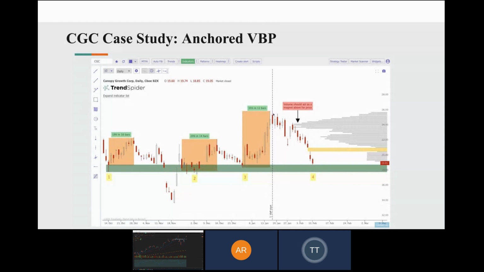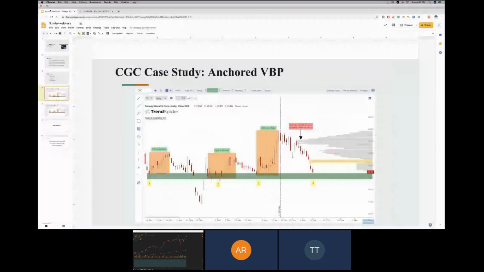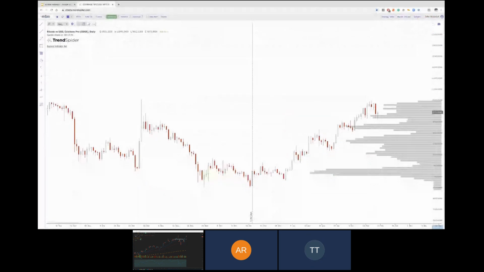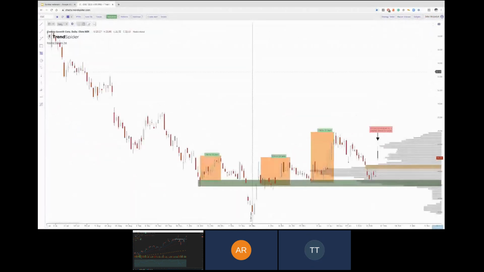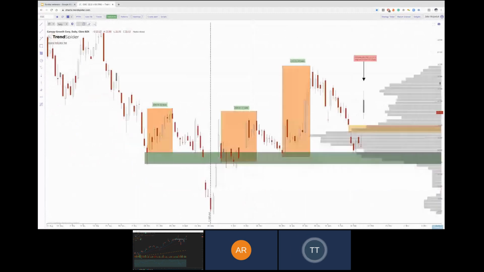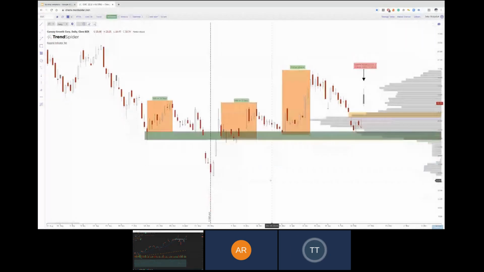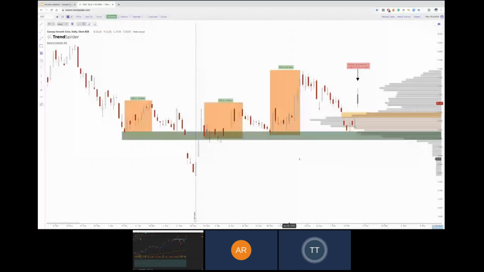The reason I was very interested in this was because I also anchored the volume by price from this capitulation point here. As the price was dropping, we could see the price was moving down into this demand zone, because this is pretty much a break-even spot for a lot of holders.